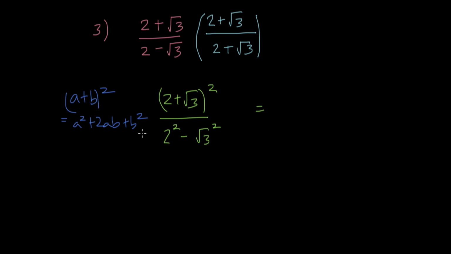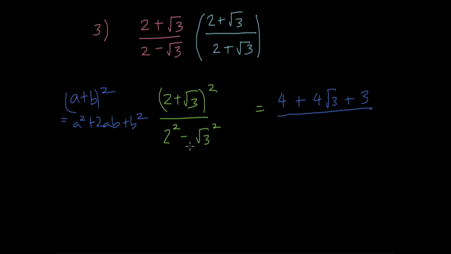So that's what I'm going to use in the numerator. So that's going to give me a squared, which is 4, plus 2 times a times b. So 2 times 2 is 4. 4 times root 3 is 4 root 3. Plus b squared. B squared is root 3 squared, which is just 3.